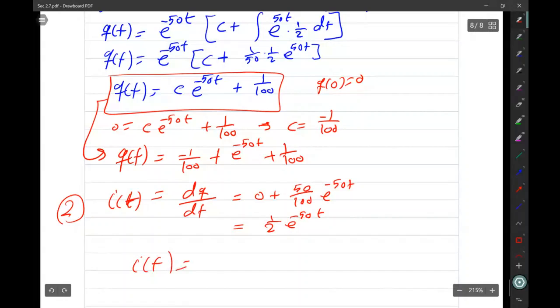So this is I of t, which is half e to the power minus 50t. Is it clear, this example?